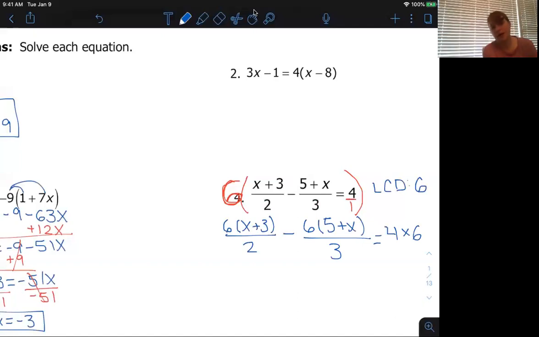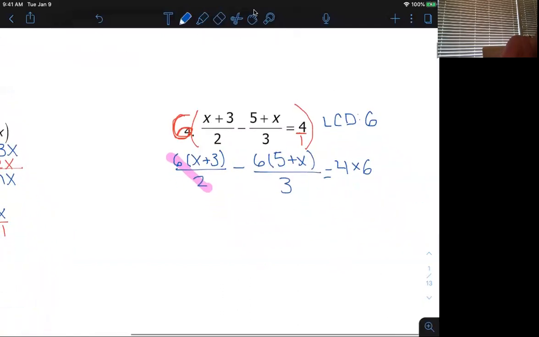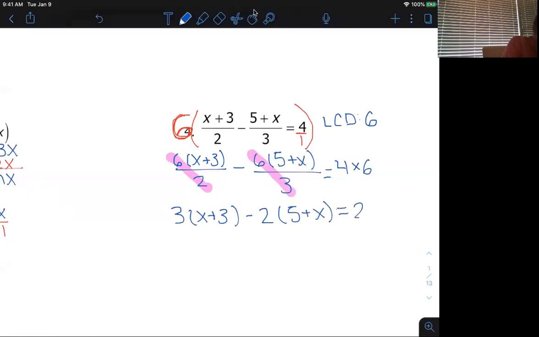So what ends up happening, if you notice here, is this 6 over 2 is simply going to simplify to just a 3 times x plus 3. And then if you take a look here, 6 over 3 is going to simply simplify to 2 times 5 plus x, and then that 4 times 6 is 24.